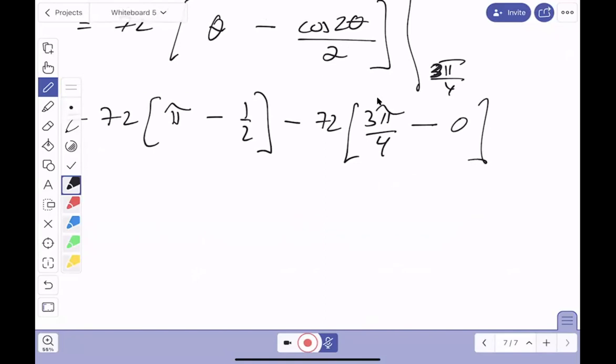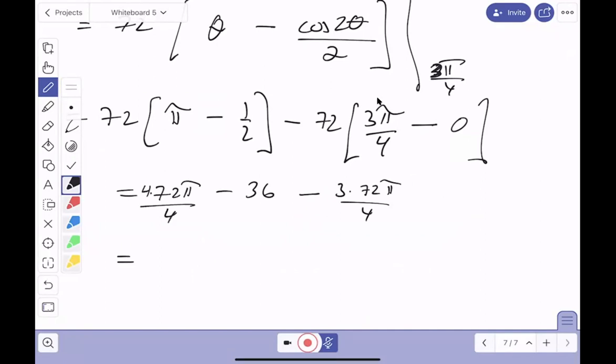And let's see if we can do that. So what do you get over here? 72 pi minus 36 minus, let's see if I can do that. Well, I'm just going to say this because I want to do arithmetic later. 3 times 72 pi over 4. Let me write this as 4 times this over 4.